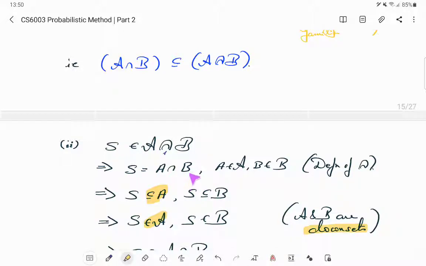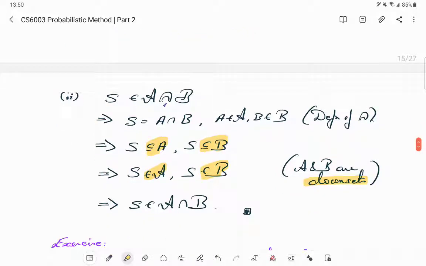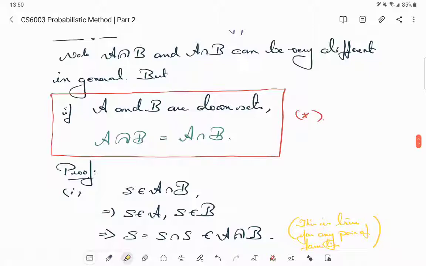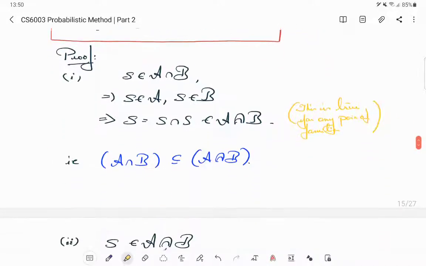Similarly, your B is in script B, S is a subset of B, and hence S is also in script B. Okay, so which means S is in both the families, and hence in their intersection. Okay, so this proves the claim that if the families A and B are down sets, then the pairwise intersection family is equal to the intersection of the two families.